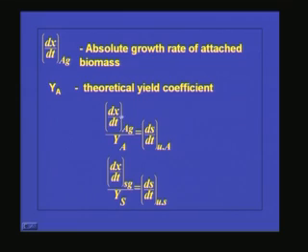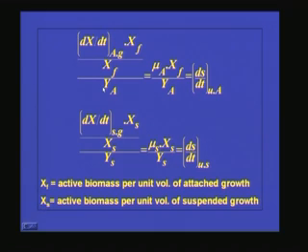Now we can write dx by dt by Ya is ds by dt Ua, and dx by dt by Ys is equal to ds by dt Us. Just readjusting the equation, if you divide both by Xf, that means biomass concentration in the fixed film, dx by dt into Xf by Ya.